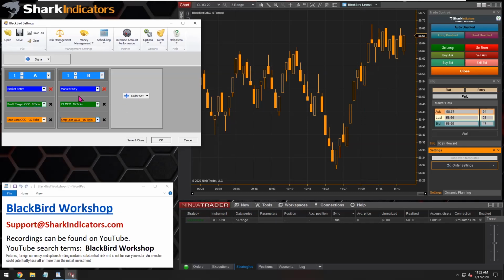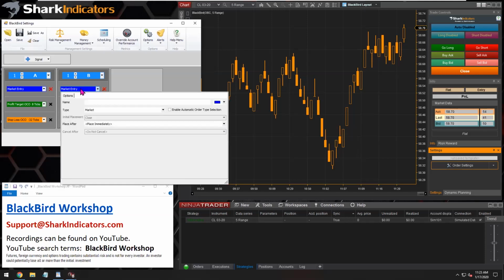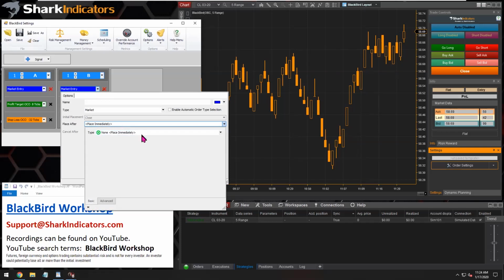So for example, we want order B to scale in if there's a 16 tick drawdown. So let's go into the entry order here and set that up, right? So we want the entry order for B to be placed after a 16 tick drawdown.